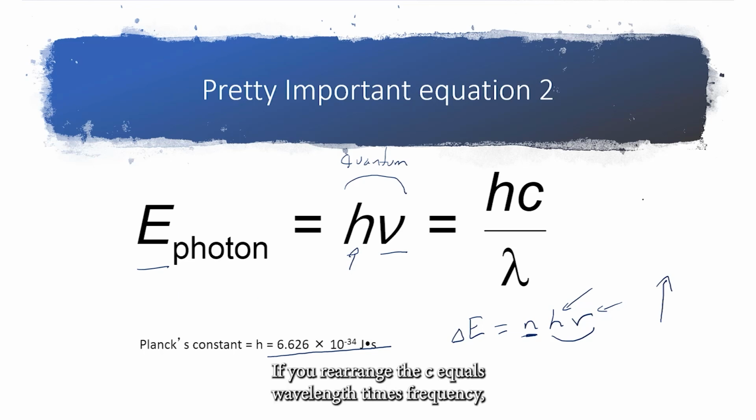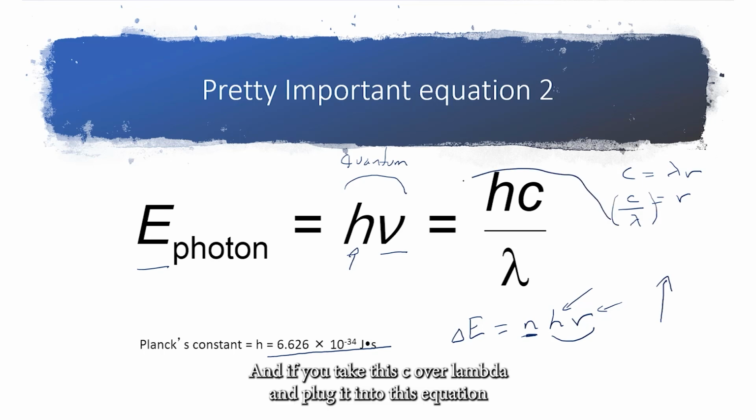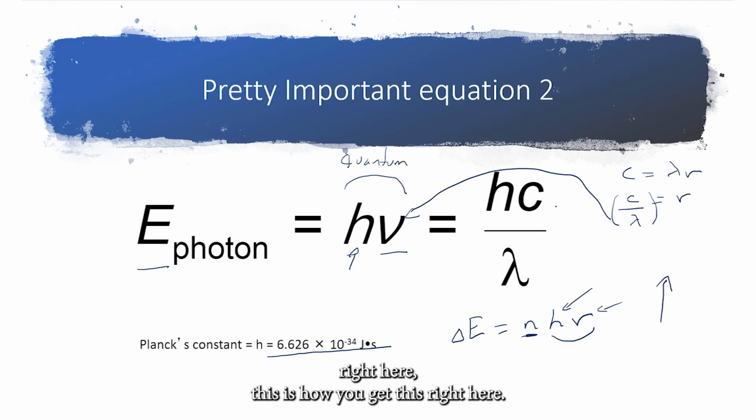If you rearrange the c equals wavelength times frequency formula to isolate nu, you'll get c over lambda. And if you take this c over lambda and plug it into this equation right here, this is how you get this right here. That's a useful equation.